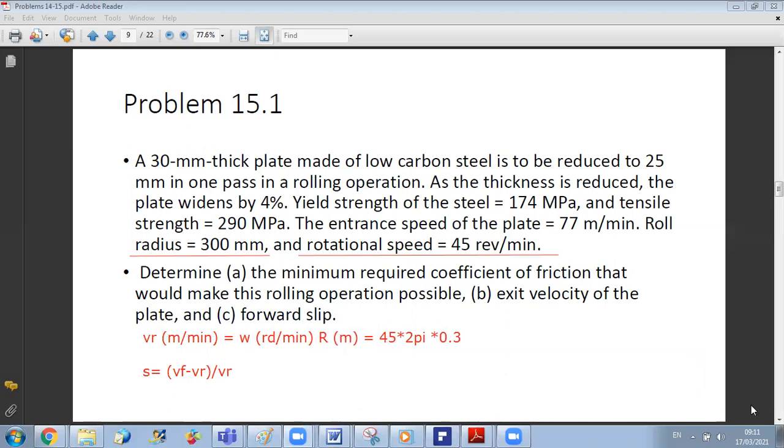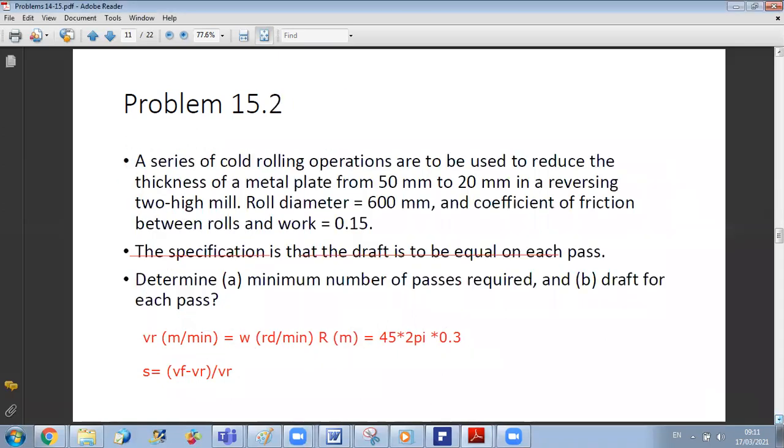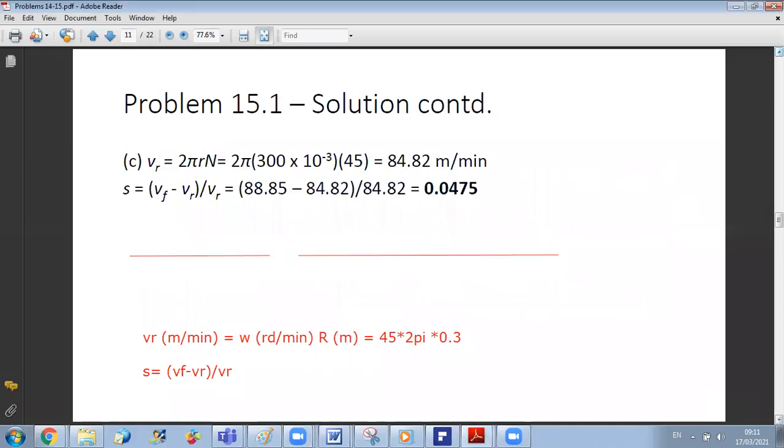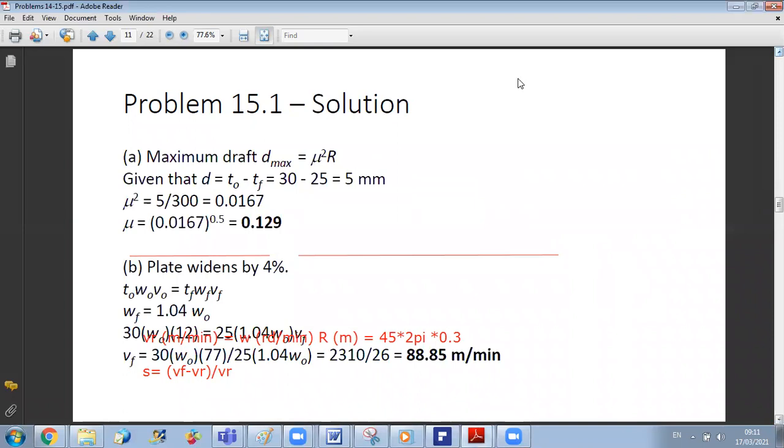So you can see here the solution. First, using the formula D equals mu squared R, we got the value of minimum friction that we should have to accomplish the operation in one pass.